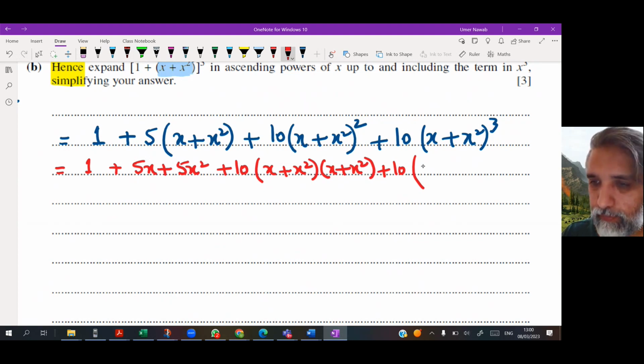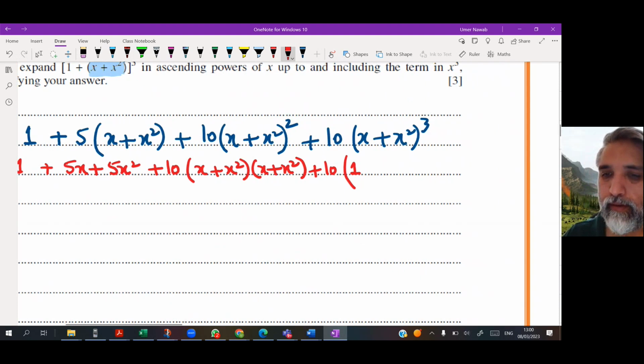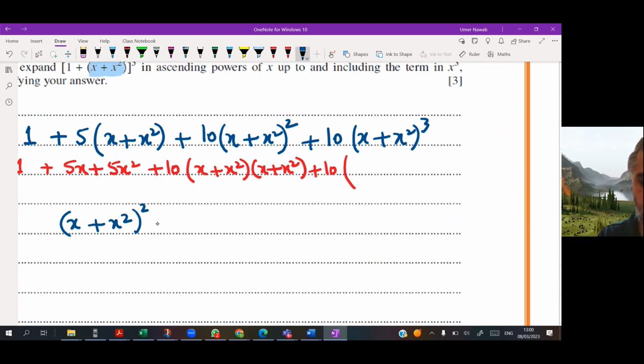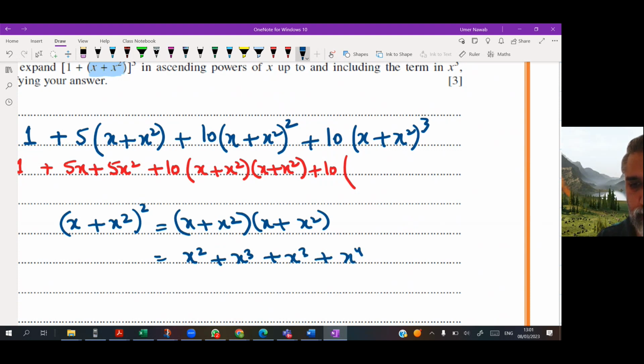So 1, 1, 3, 3, 1, or why not, we can get this expansion on the side. So let me try to get x plus x squared whole squared first. So this is found.